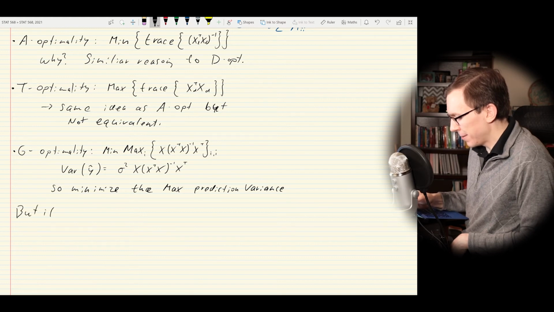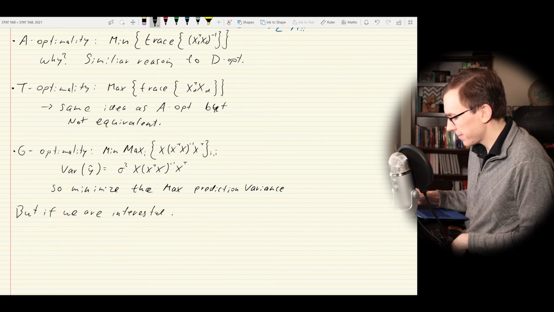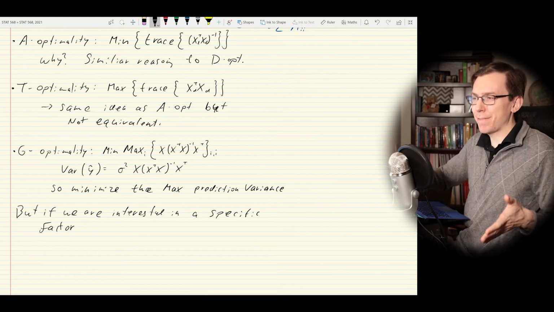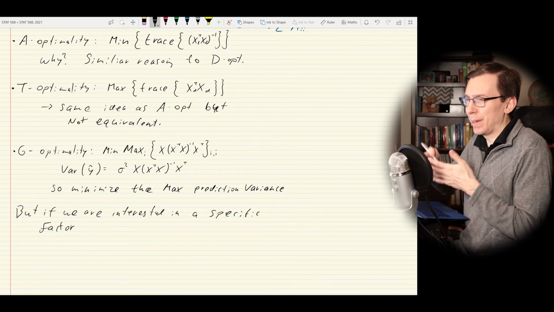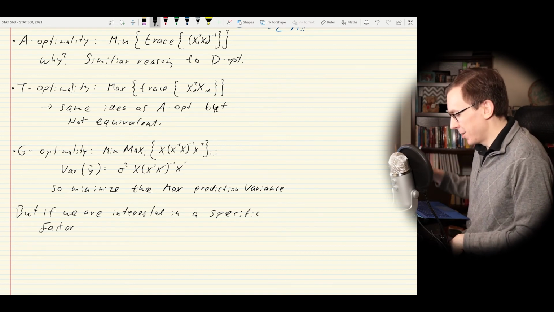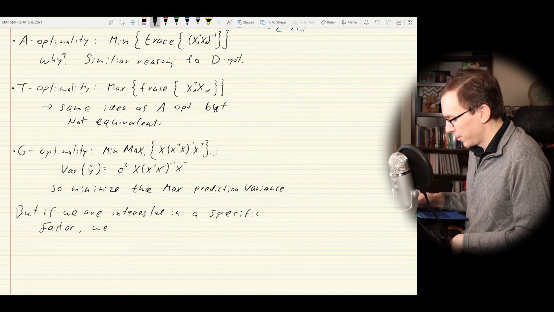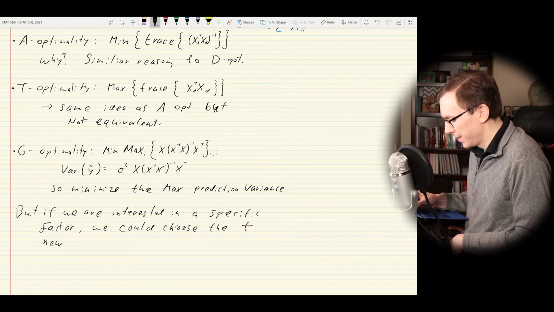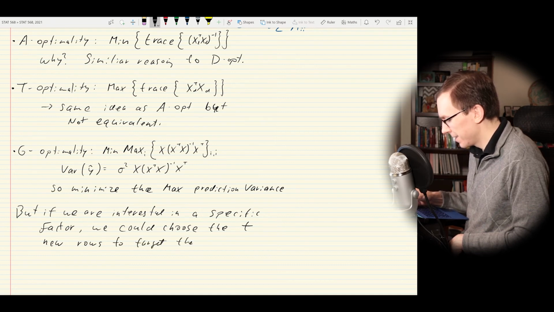If we are interested in a specific factor, kind of like in my first example where I said, let's say we want to de-alias factor 1 or main effect 1 from its aliased interaction effects, we could choose the t new rows to target that factor.